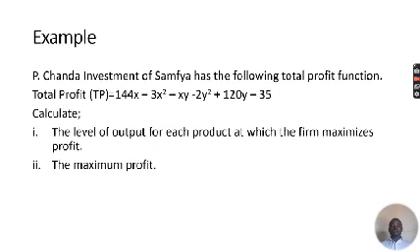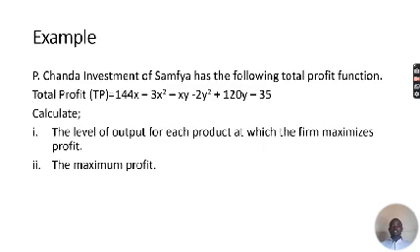We have been asked to calculate, number one, the level of output for each product at which the firm maximizes profit. And number two, the maximum profit.